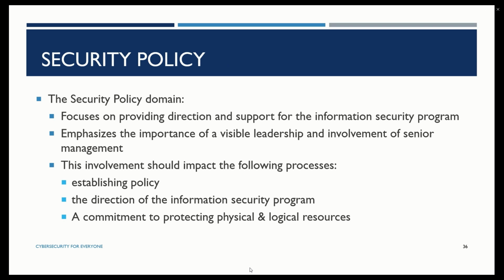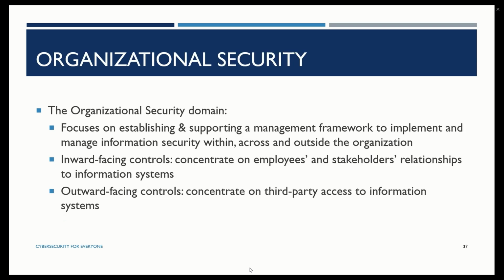It looks at policies and how they are established. We have the organizational security domain, which focuses on establishing and supporting a management framework to implement and manage information security within, across, and outside of the organization.